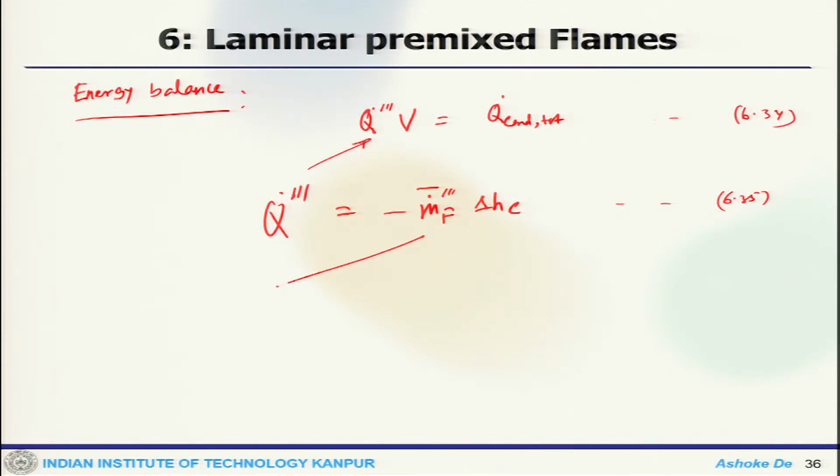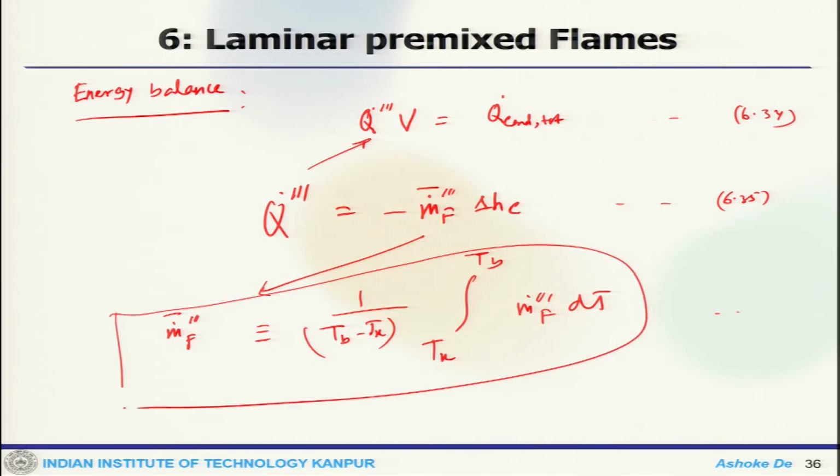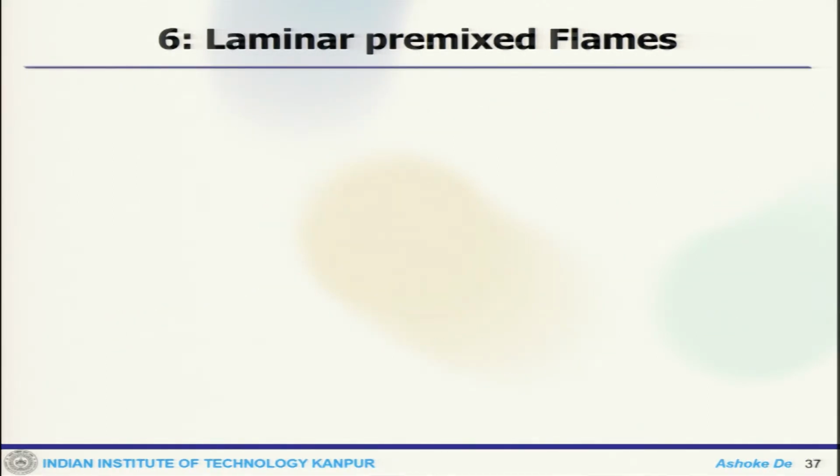And what is that? The average reaction rate, this is in terms of T burn minus T unburn, with the limit of Tu to Tb, m dot f dt. This is what we have earlier. Now, through the slab of the wall, the heat loss by conduction follows Fourier's law.